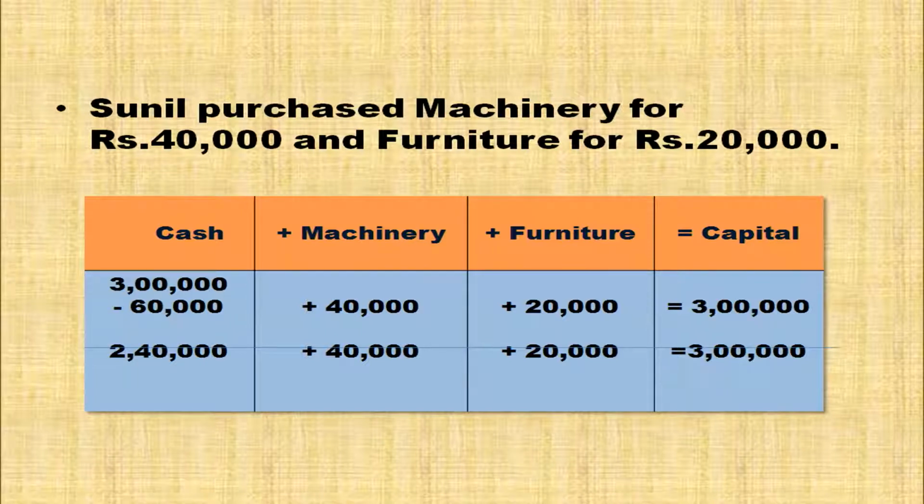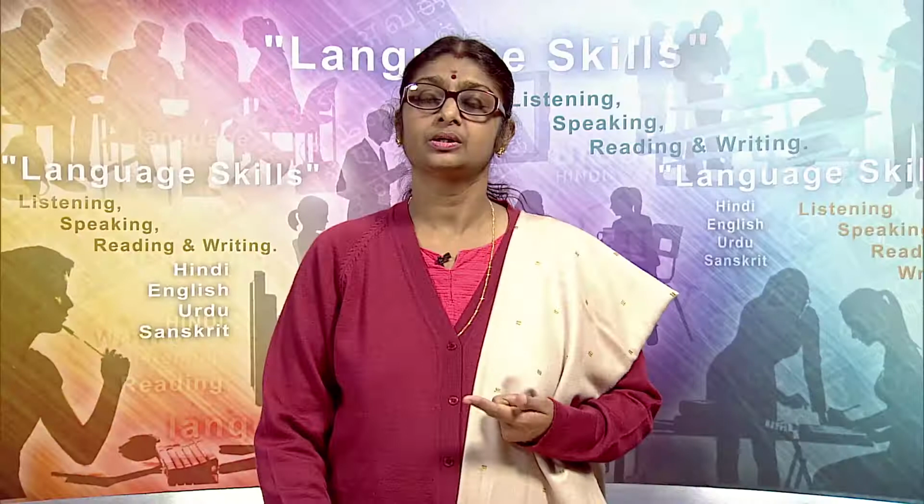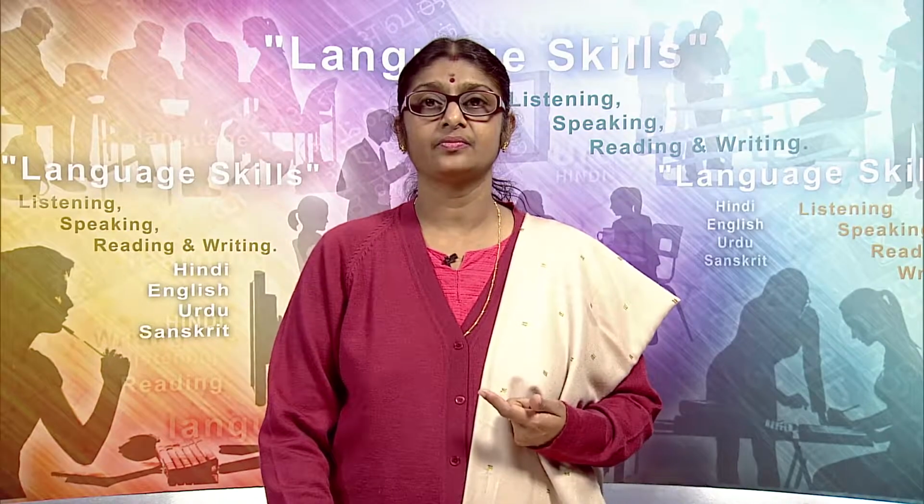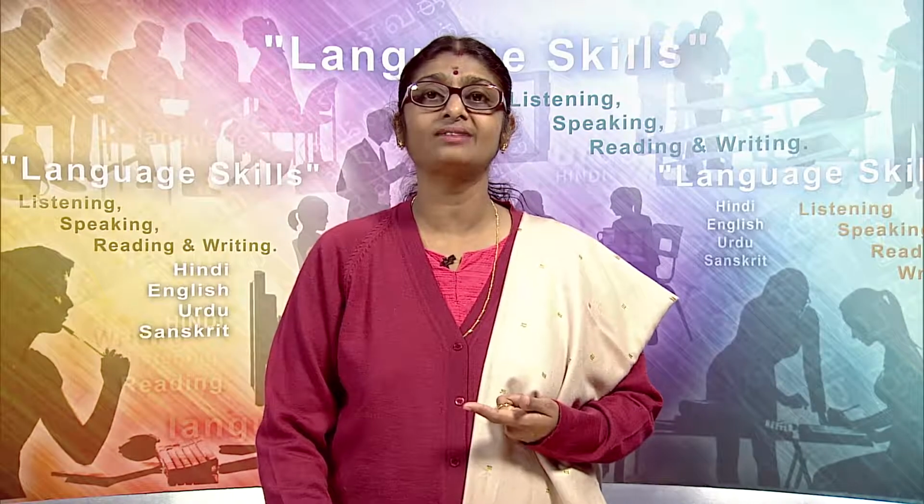After deducting the cash, accounting equation will be like this: 3 lakh minus 60,000 as cash, that is 2 lakh 40,000 cash, 40,000 machinery, furniture 20,000. So, that will come to 3 lakh on the asset side, and liability side also we have 3 lakh. So, accounting equation is satisfied.